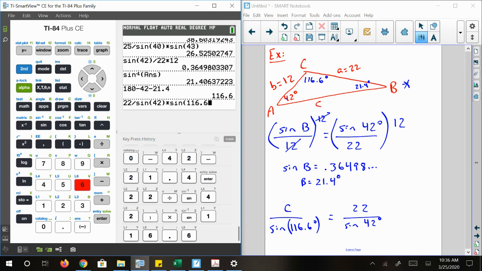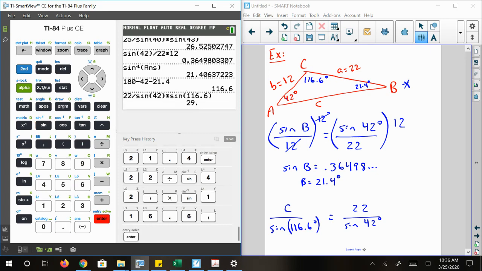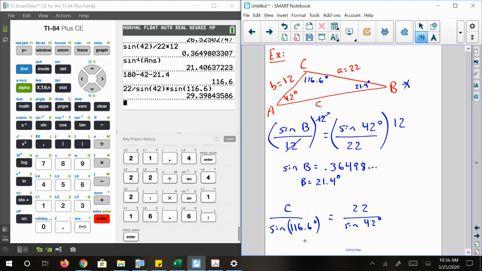And when I'm done, I get that side C is 29.4 units. Okay, so I'll come over here, fill this in, and let's just check to make sure that everything matches up. Largest angle, largest side. Second largest angle, second largest side. Smallest angle, smallest side. Everything's looking good. So we have solved this triangle.